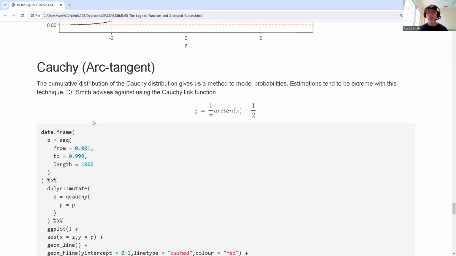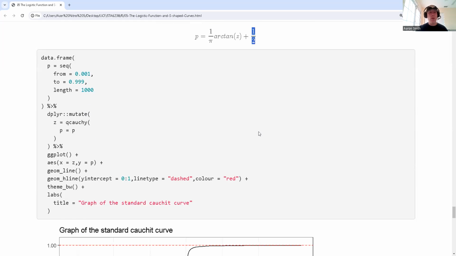If that doesn't do good enough for some reason, we probably will. The Cauchy link function, I've never had success with it. I've gotten wonky results that I don't trust. I don't trust the coefficients. They just seem unreasonably large, positive or negative. So I recommend you don't use this, but it's an option in our tool belt if down the road for some reason you need it. Here is my cumulative function, that curve. I'm using arctangent, and we are rescaling and shifting to put it between 0 and 1.